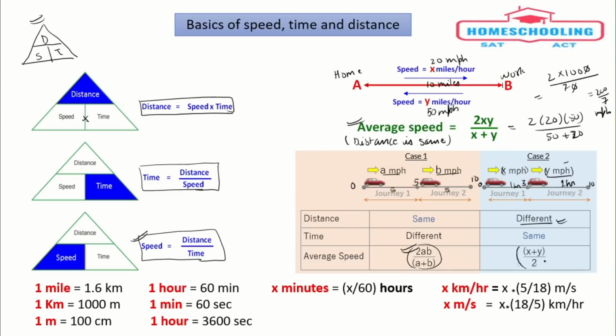So when we have that kind of condition, where we have different distance but the time is the same, the formula would be x plus y divided by 2. Let's take one more example here. Let's say there's one more car here.